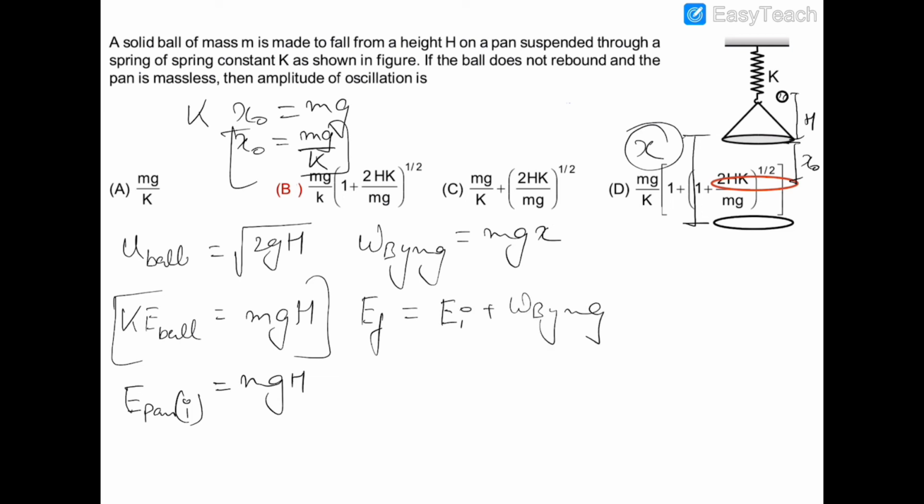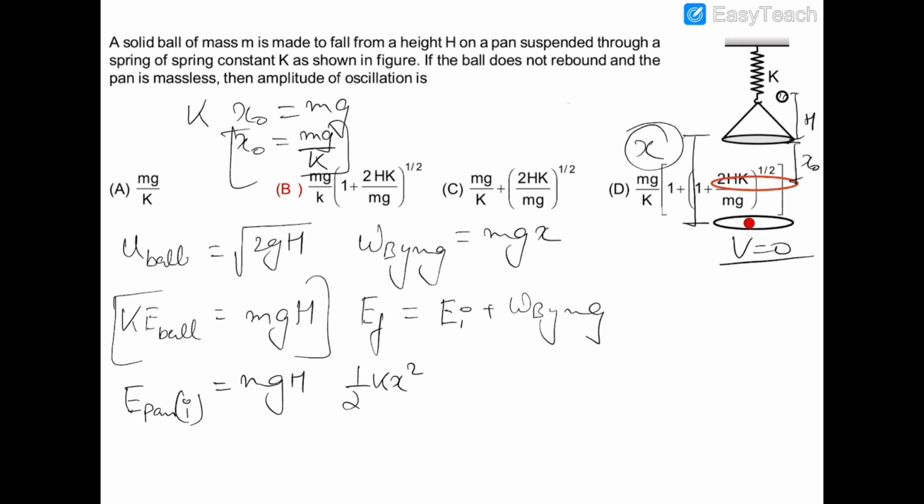So the final energy of the ball and the pan would be the initial energy plus work done by mg. The final energy of the system is half kx square, because finally the pan would be at rest. It would not be moving because this is the extreme position of the pan, and at the extreme position the velocity of the body is 0.